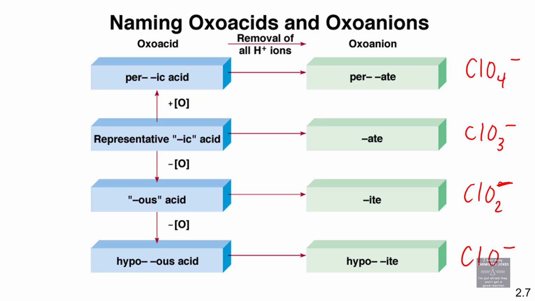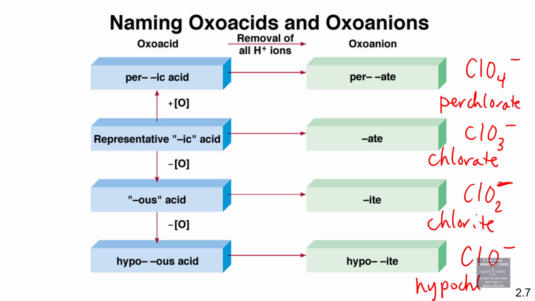And as I went down this list, I lost an oxygen each time. The name of this top one is perchlorate. And then there's chlorate. Then there's chlorite. Then there's hypochlorite. Each of them has a -1 charge.